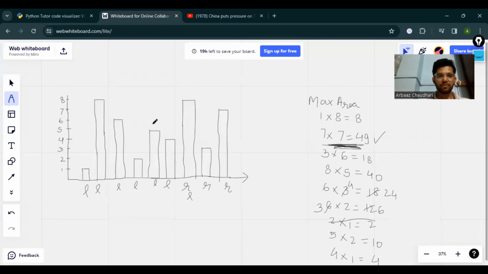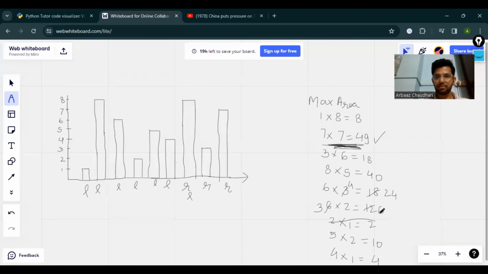We will be checking which of the heights is smaller. This is smaller, so our L will be shifted over here. Now L is here, and till 2 water will be filled. Here the width, let me count: 1, 2, 3. 2 multiplied by 3 becomes 6.